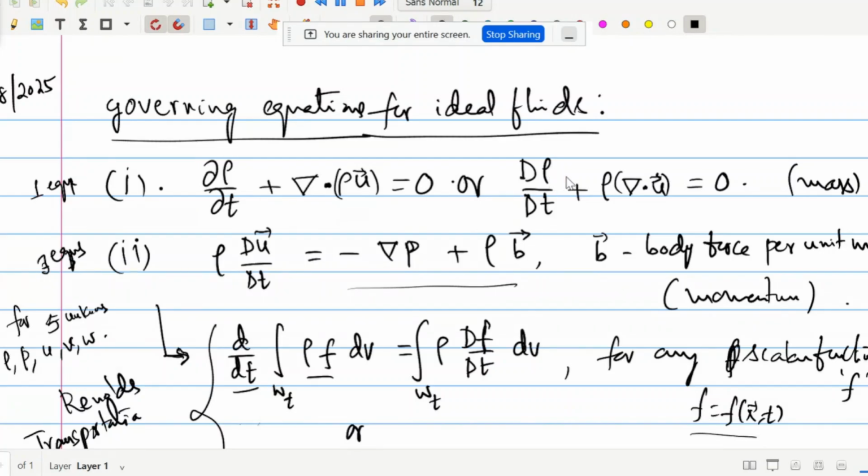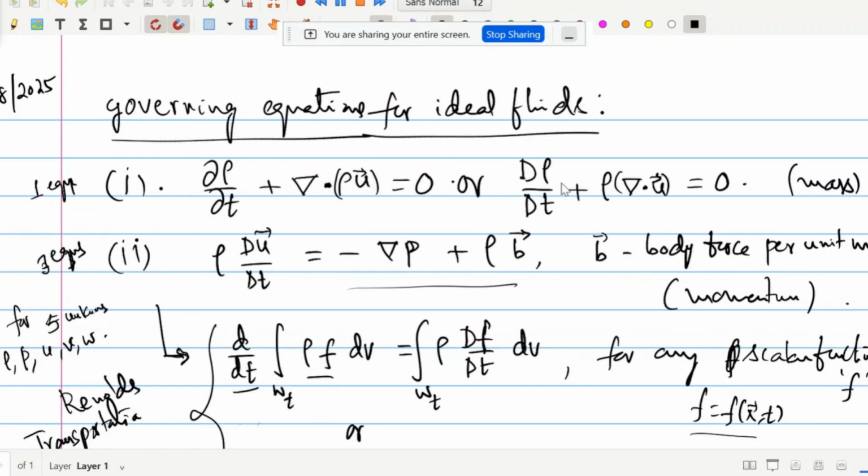And that means, in the mass equation, rho times del dot u equals 0. So D rho by Dt equals 0, the total derivative is 0, is one equation, and whatever is left, del dot u, becomes 0. There are three definitions here. Physically, the volume is not changing.